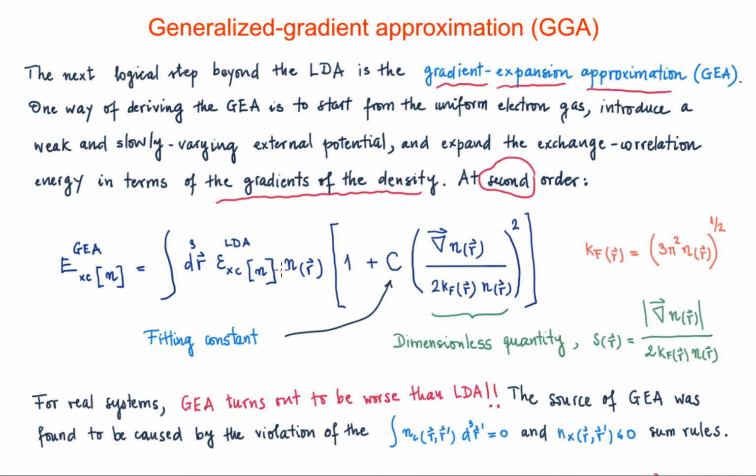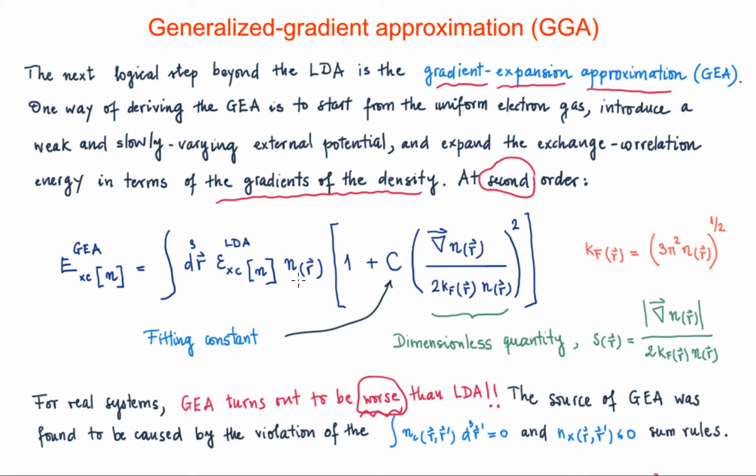But actually, in principle they thought that it should work better than the LDA, but for real systems, this approximation, the GEA approximation, turns out to be worse than the LDA. And why is it worse than the LDA? The source of the GEA being such a bad approximation was found to be the violation of the basic rules associated with any approximation.